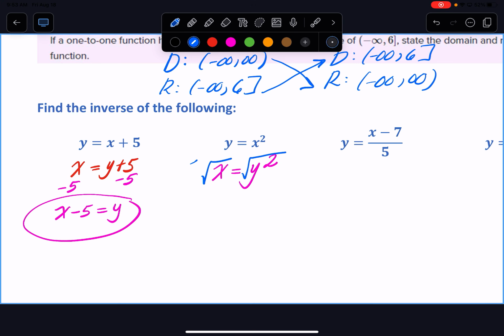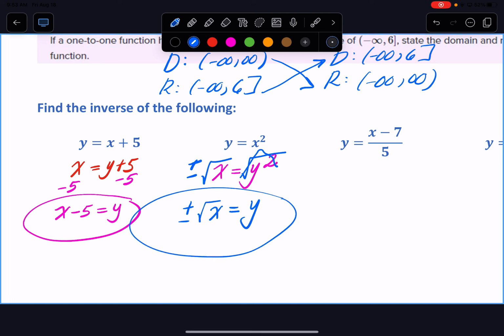You learned that in previous years. So I'm going to say that again. If you're ever solving and at any point you take a square root, at that point you put a plus and a minus. So we have plus and minus the square root of x equals, the root and power undoing each other, equals y, and we're done. Because y is by itself.